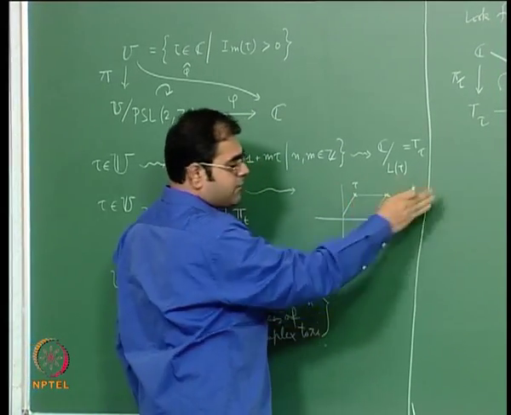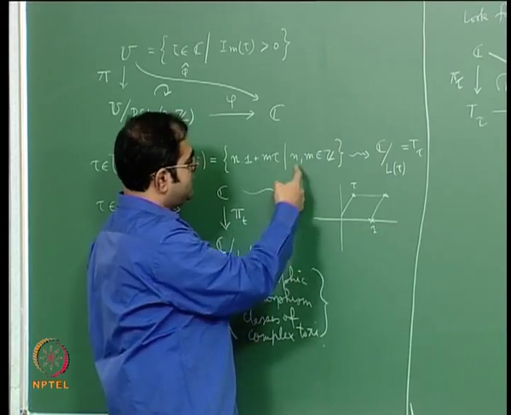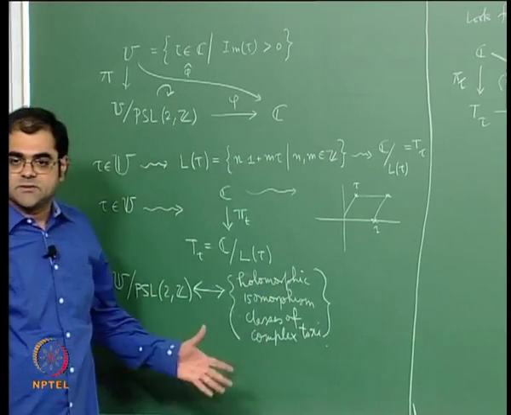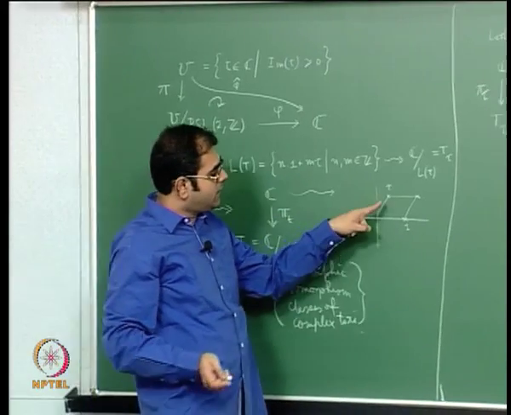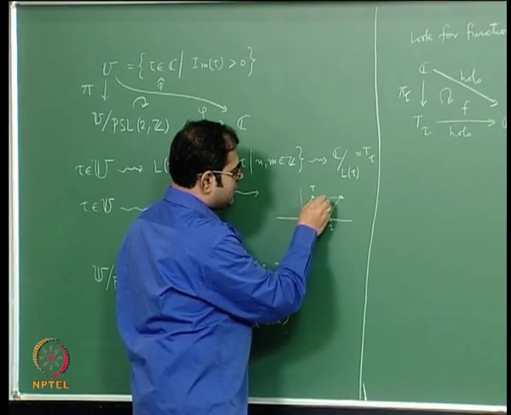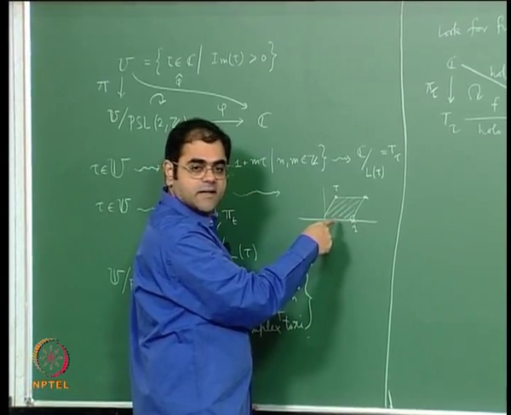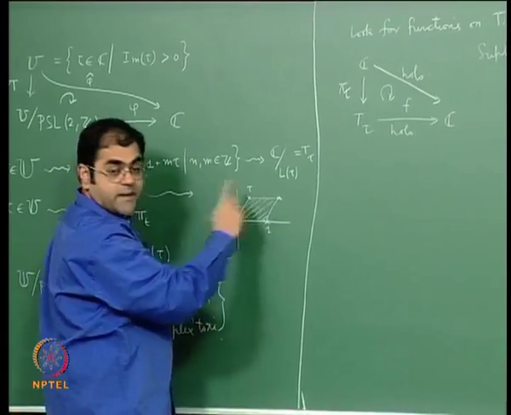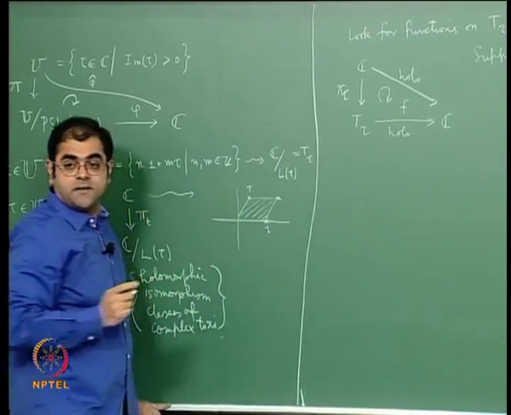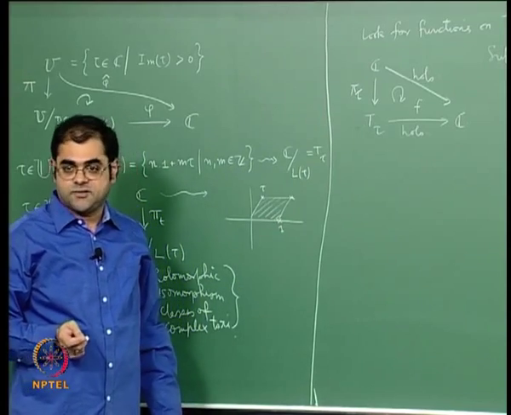If I repeat this parallelogram to form a grid, the points of the grid are precisely the points of this lattice. The image of this whole parallelogram along with the boundary surjects onto the torus, and this is of course compact, closed and bounded. Therefore the torus is also compact, because this map is continuous; after all, you have given it the quotient topology.